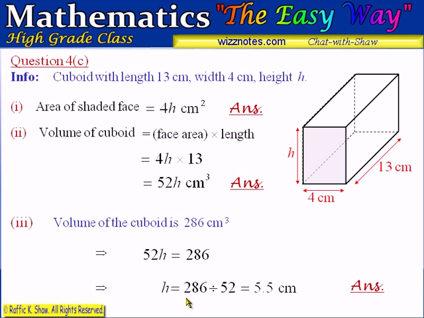The height is 5.5 centimeters. The value of h is 5.5, because the question did say that the height was h centimeters. So h is 5.5. The height is 5.5 centimeters. And that's the answer for question 4c.